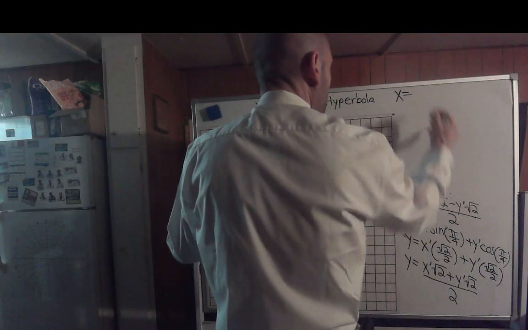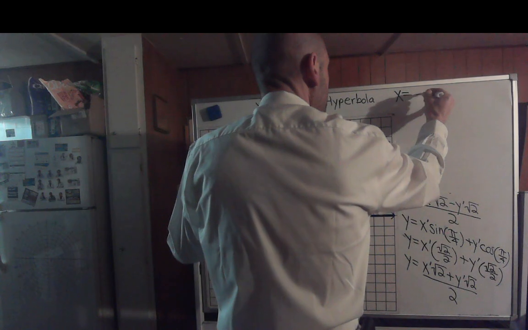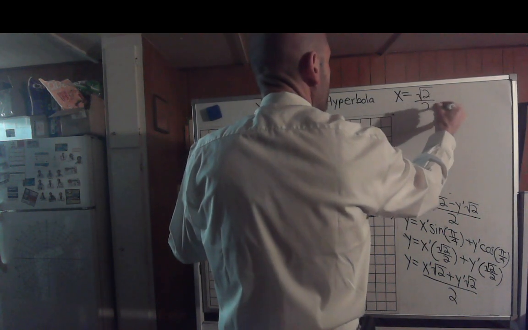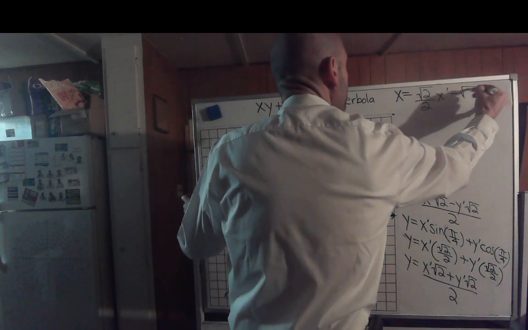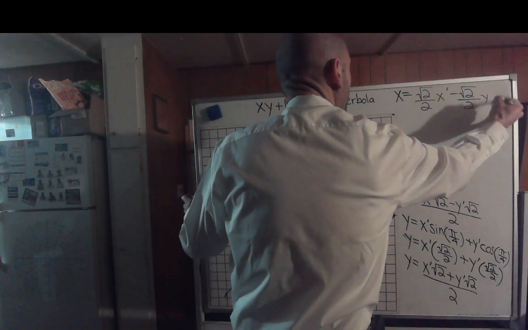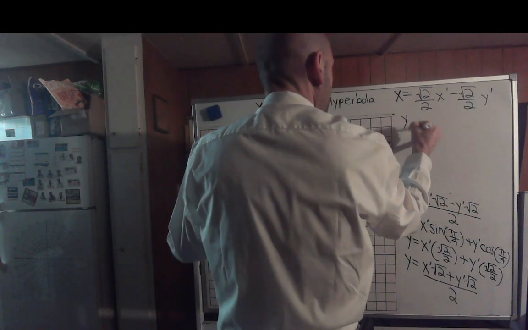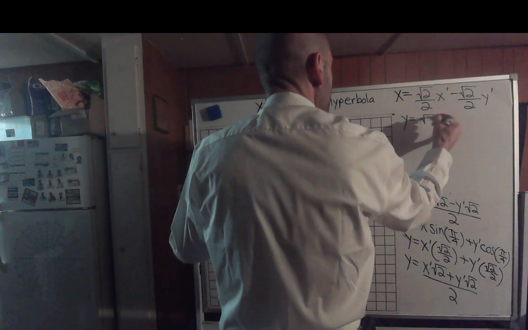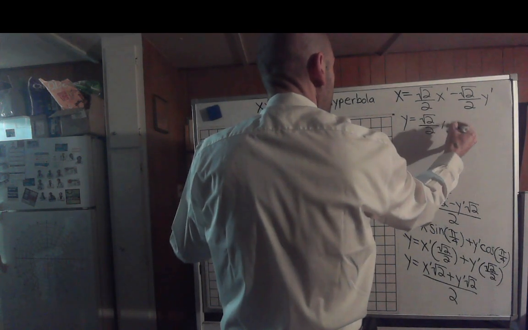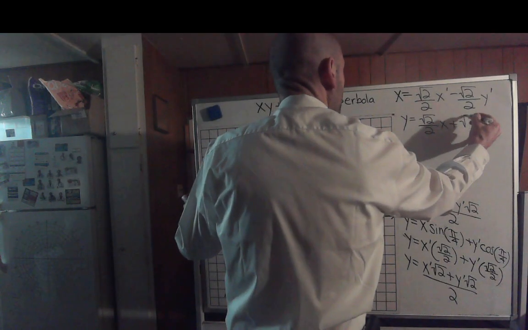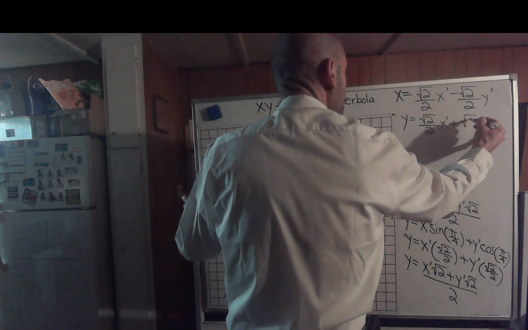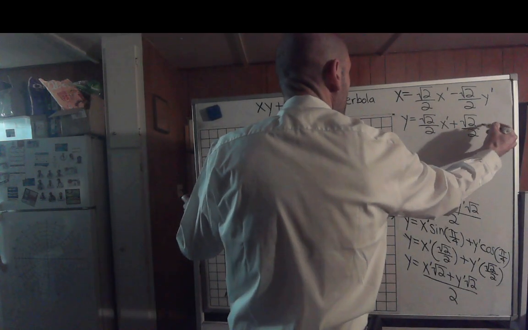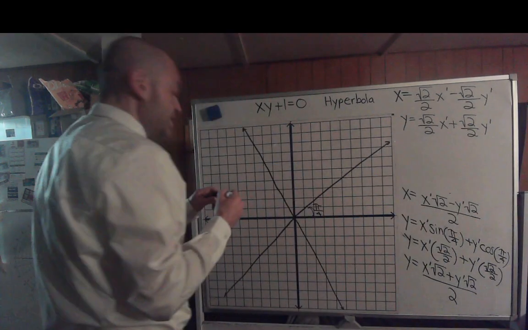I better leave it how it was. So that's going to be square root of 2 over 2 times x prime minus square root of 2 over 2 y prime. And then y is equal to the square root of 2 over 2 times x prime, I should say, plus the square root of 2 over 2 y prime. Alright, so I've rewritten those. Let me erase all this so I can make some room.